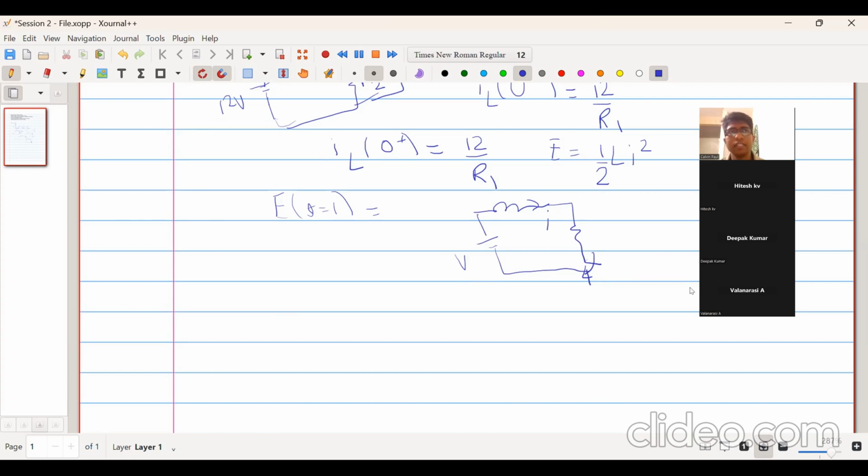No. The energy stored in a capacitor is half CV square. Why does the resistor dissipate that energy? No. Energy dissipated by the resistor is I square R into T.